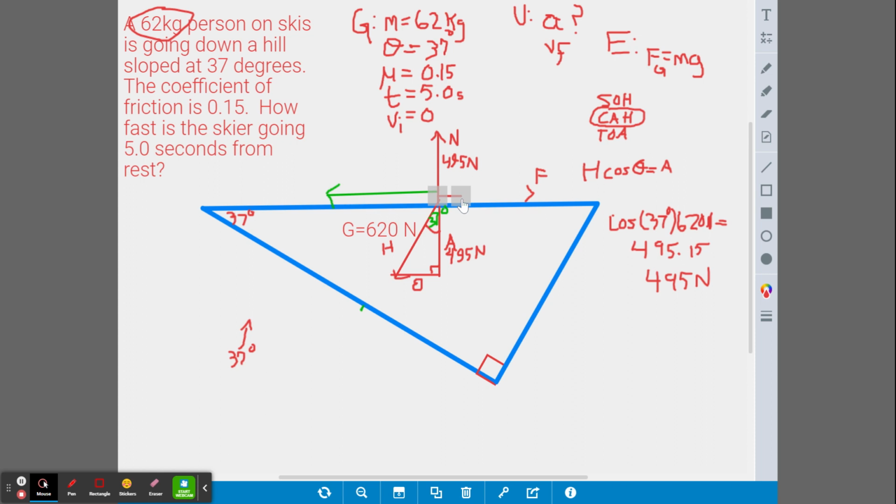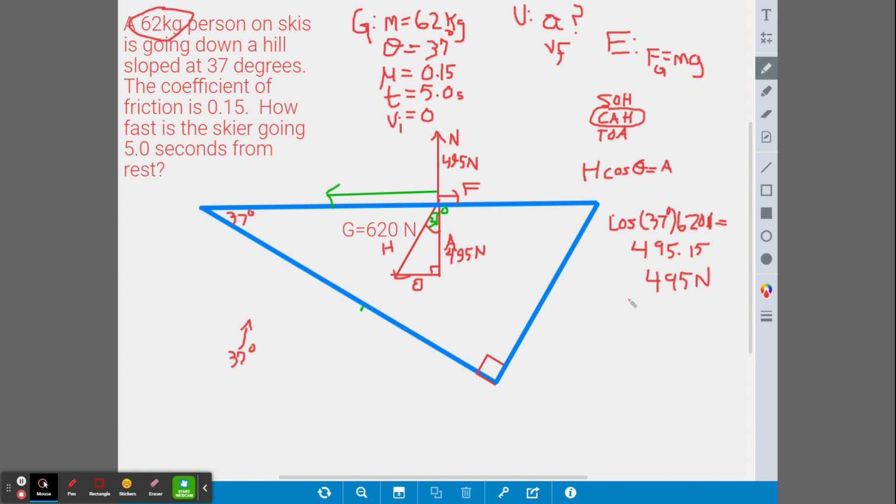It's going to be smaller than gravity because eventually this person is going to accelerate down the slope to the left. So that's friction.